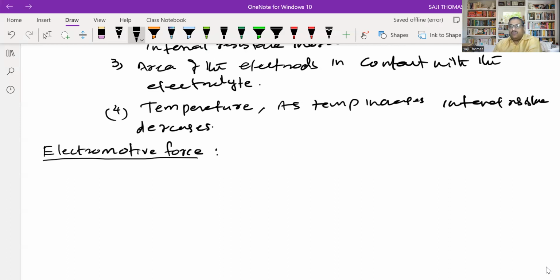EMF, electromotive force, is not a force at all. It is the work done per unit positive charge, the work done by the cell to drive a unit positive charge through the entire circuit.